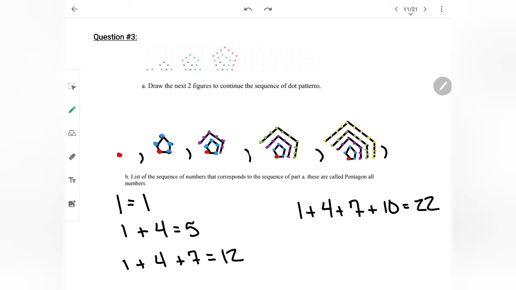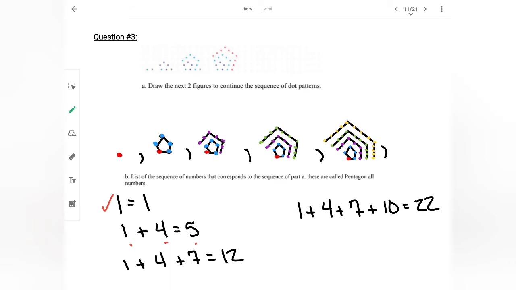So for this first figure, we only have one dot, therefore 1 will be equivalent to 1, and we have 1 dot in total in that figure. For the second one, we have 1 plus 4 is equivalent to 5. That's basically talking about the new layer of dots being added.